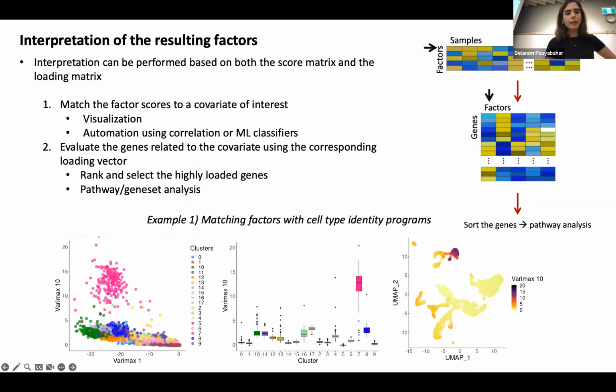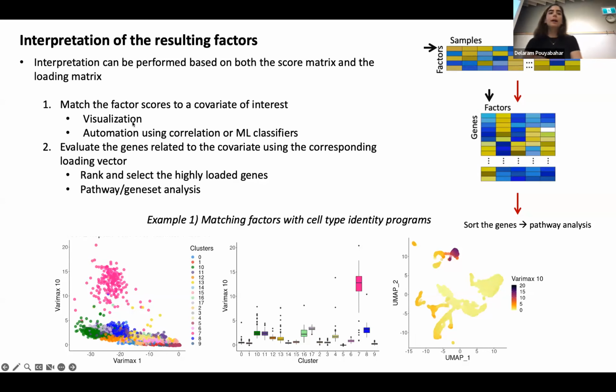It can be any sort of metadata, or it could even be batch. So you might be interested in understanding where the batch effects are coming from, and which genes are mostly affected by these batch effects or any sort of other technical variation in the data. So, again, you have some covariates of interest in mind, and you try to match the factor of interest with this covariate.